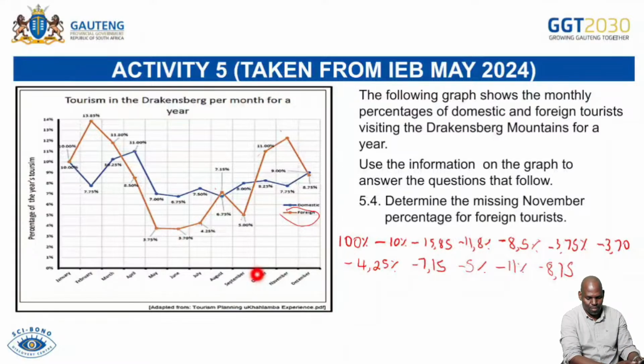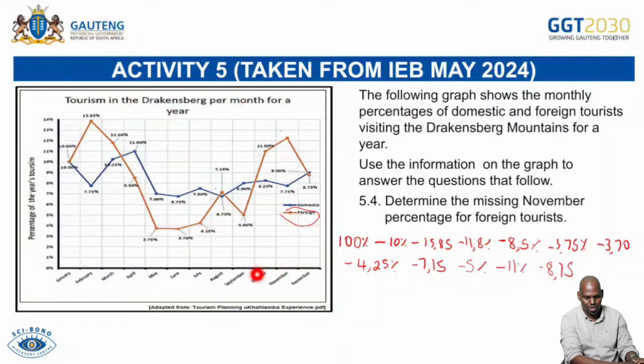So it's 100. 100 minus 10 minus 15.85 minus 11.8 minus 8.5 minus 3.75 minus 3.70 minus 4.25 minus 7.15 minus 5 minus 11 minus 8.75.